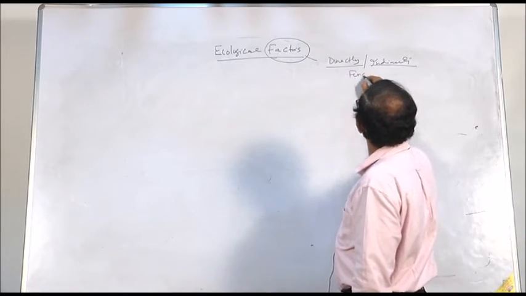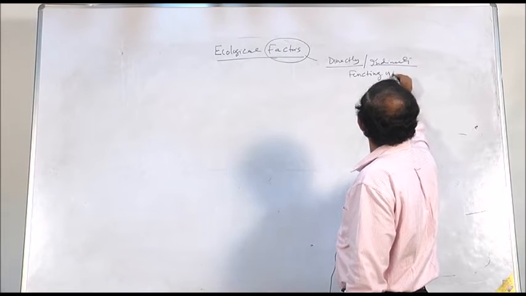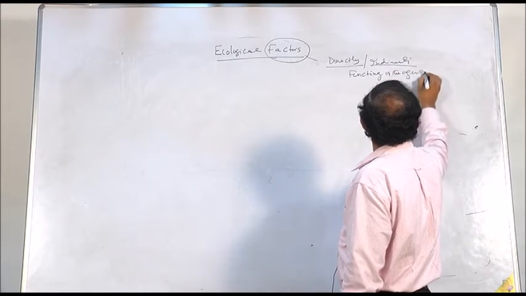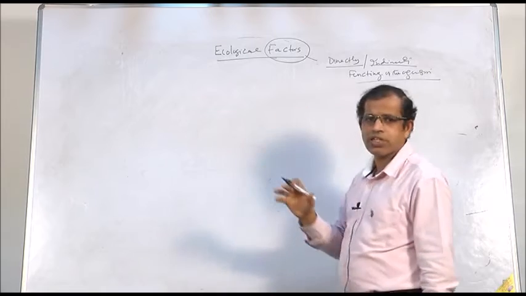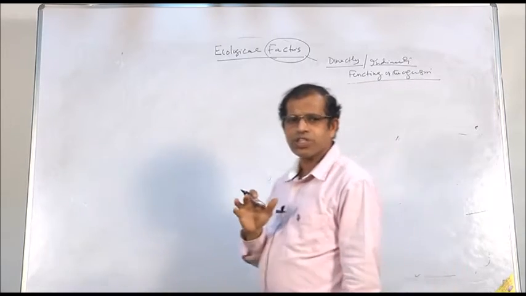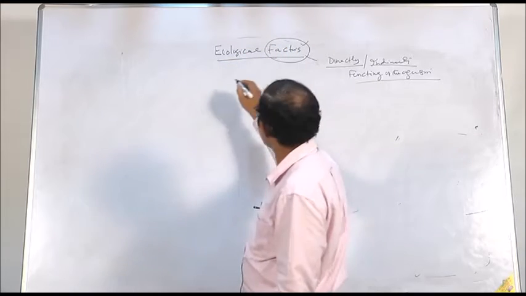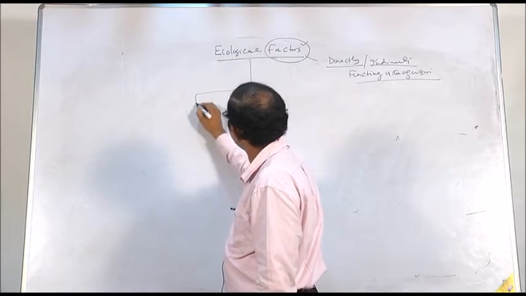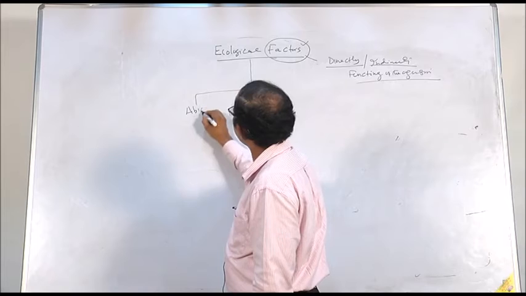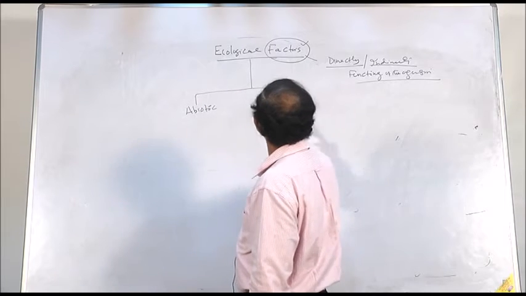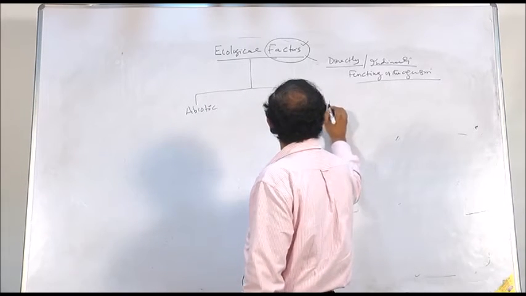Any constraint of the environment that affects the functioning can be called a factor. Now these ecological factors can be of two types. One is called abiotic and the second is called biotic.